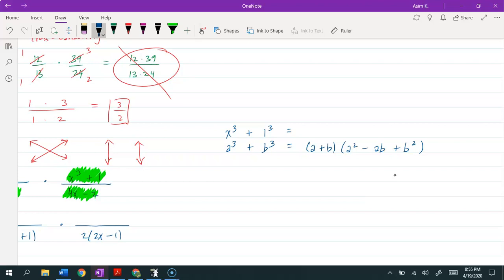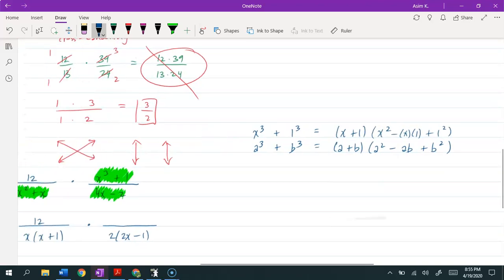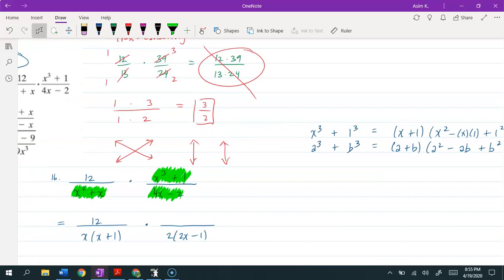And so having said that, if you just apply it to the x and the 1 that we have, that's x plus 1, x squared minus x times 1 plus 1 squared.